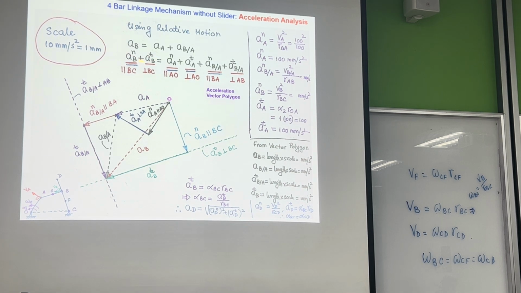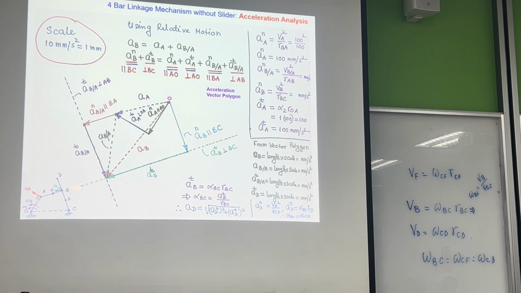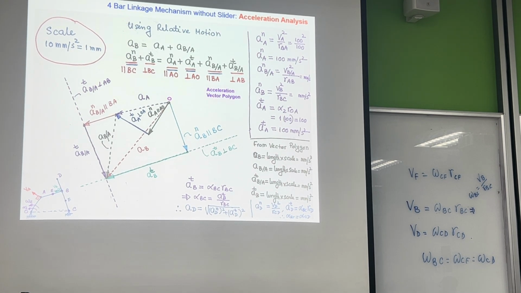On the left hand side, we have ABN, and ABN is the acceleration of the link BC. And our link BC is rotating in relation to point C like that.